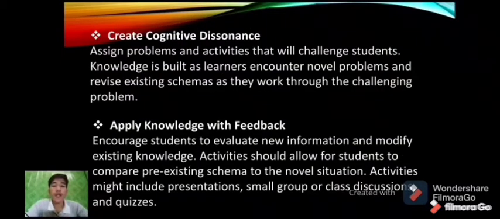Next, create cognitive dissonance. Assign problems and activities that will challenge students. Knowledge is built as learners encounter novel problems and revise existing schemas as they work through the challenging problem.